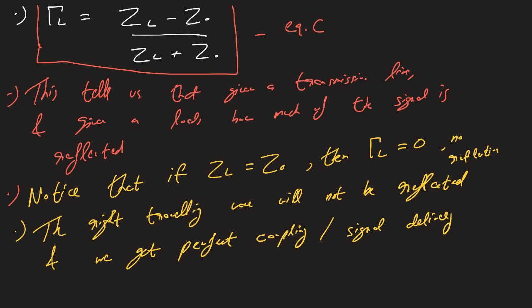This is called a matched load, and the act of matching the impedance of your transmission line with the impedance of your load is called impedance matching.